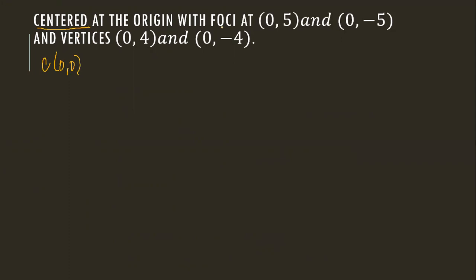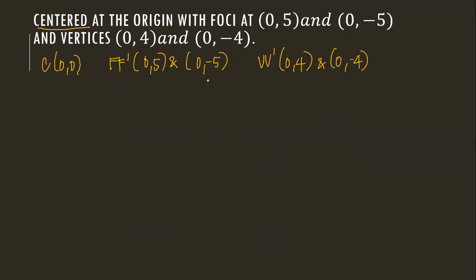The foci, F F prime, are (0, 5) and (0, -5). The vertices, B B prime, are (0, 4) and (0, -4). With the given properties, we can get the equation of the hyperbola.